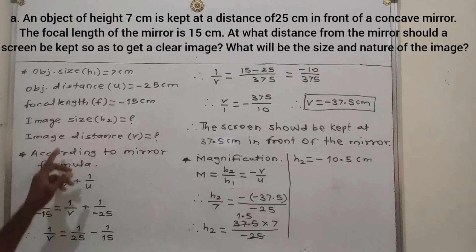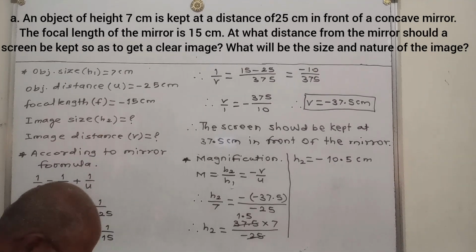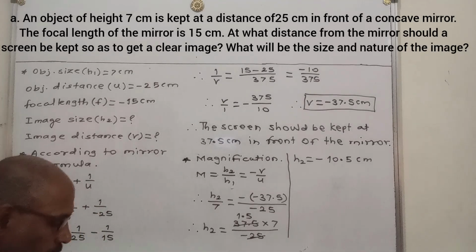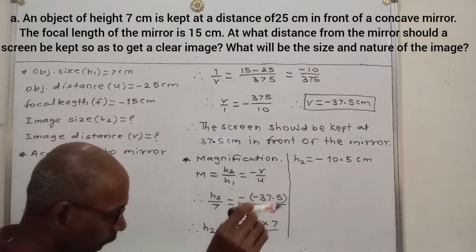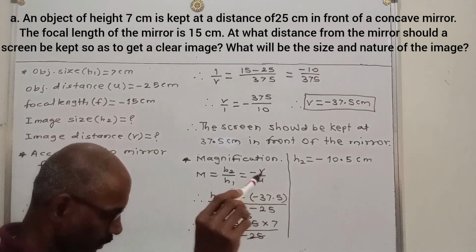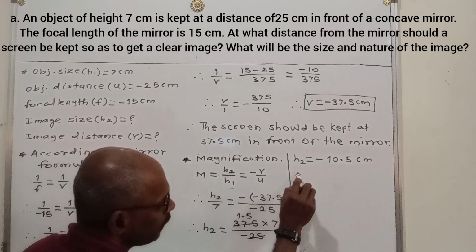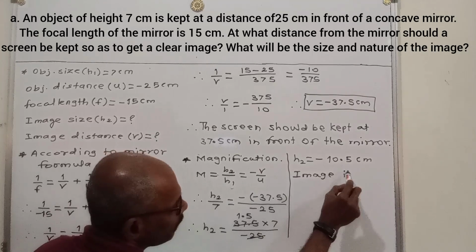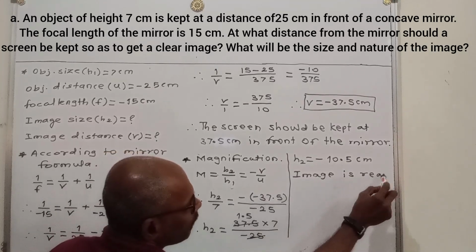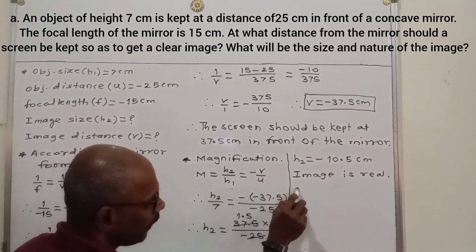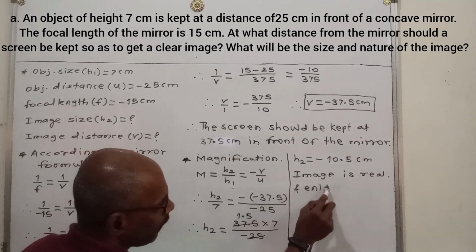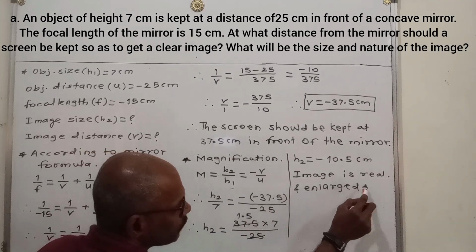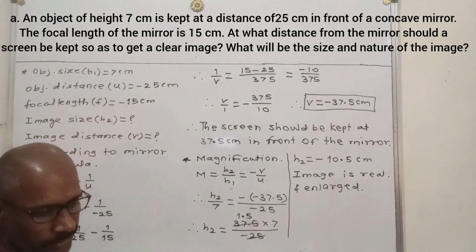Therefore, what is our answer? What is the question? What will be the size and the nature of the image? See here, the image is real and enlarged, that is big in size.